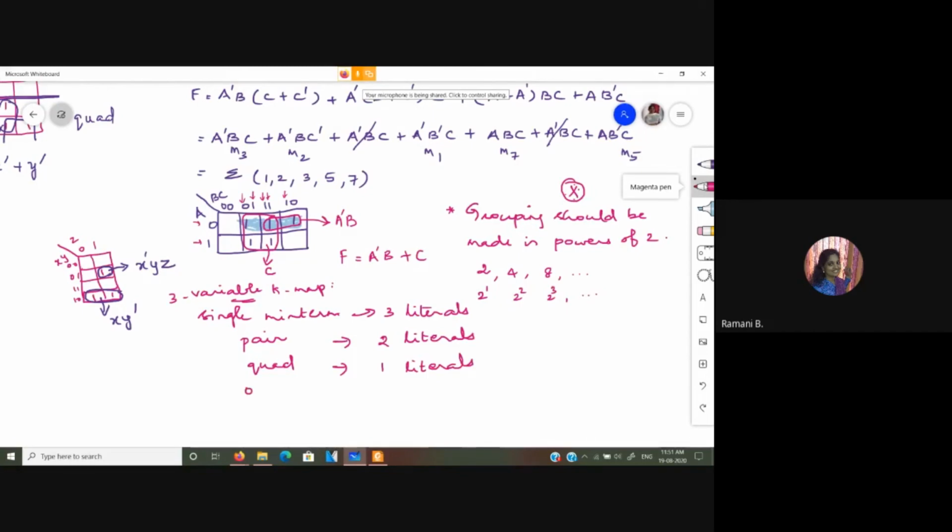And if you are forming an octet, that is you have all ones, in such case the entire K-map is going to be a single group. So you won't be having any literals. The function itself will be 1. If everything is 0, it is going to be 0.